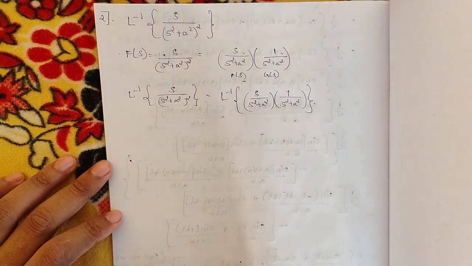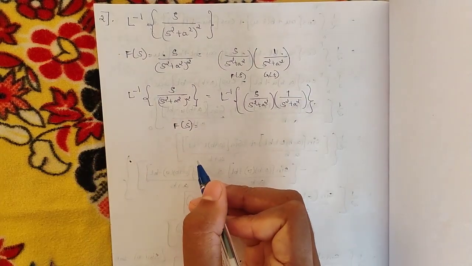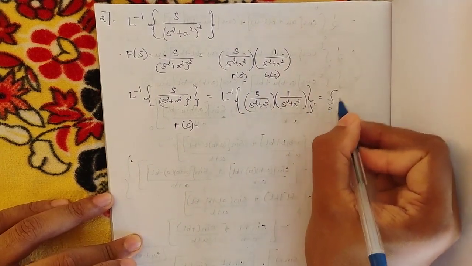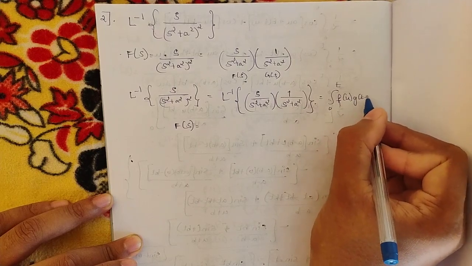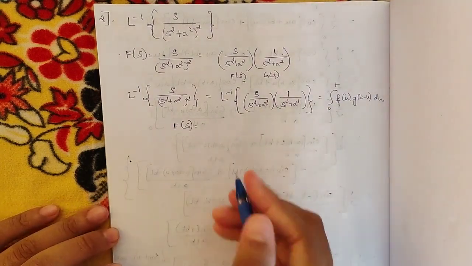Okay, here f of s is equal to, and according to the formula, integration from 0 to t f of u g of t minus u du, right? So that we are going to substitute now.